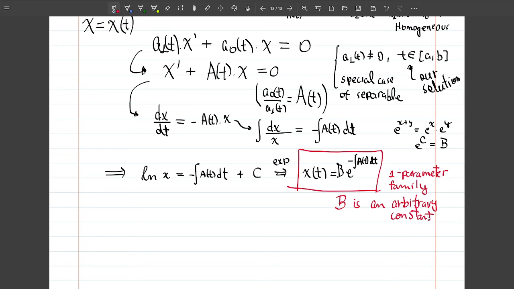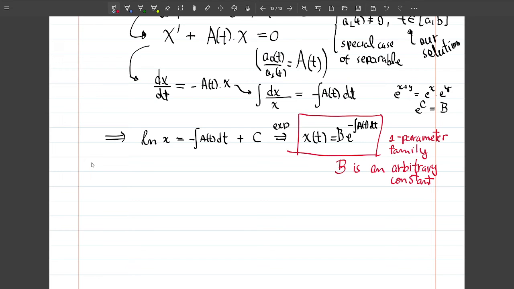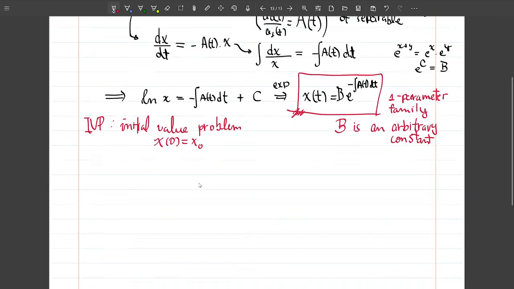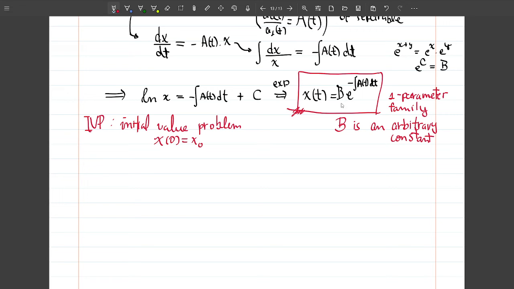But for each initial value problem, IVP, which is what we call an initial value problem, and we're going to study this later, if we give the initial condition of this equation, like x at time 0 being the initial position, for example, then we can find our constant B.